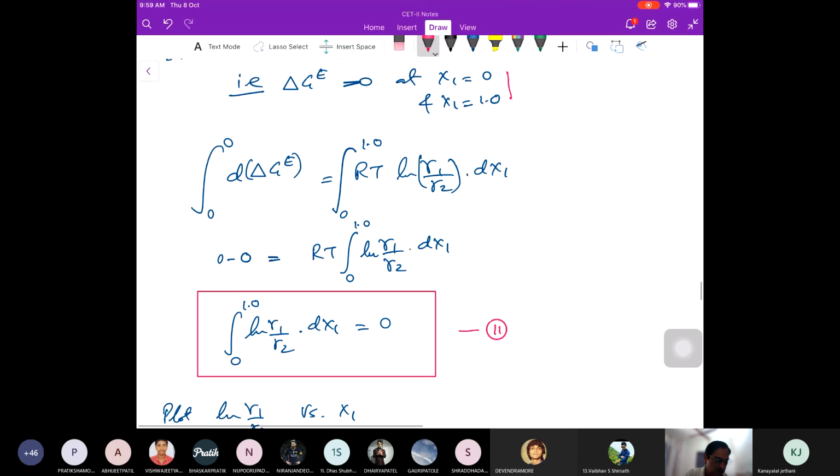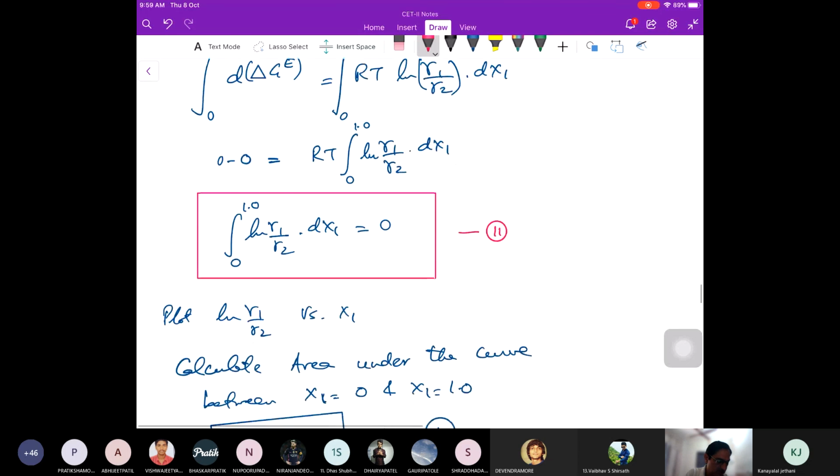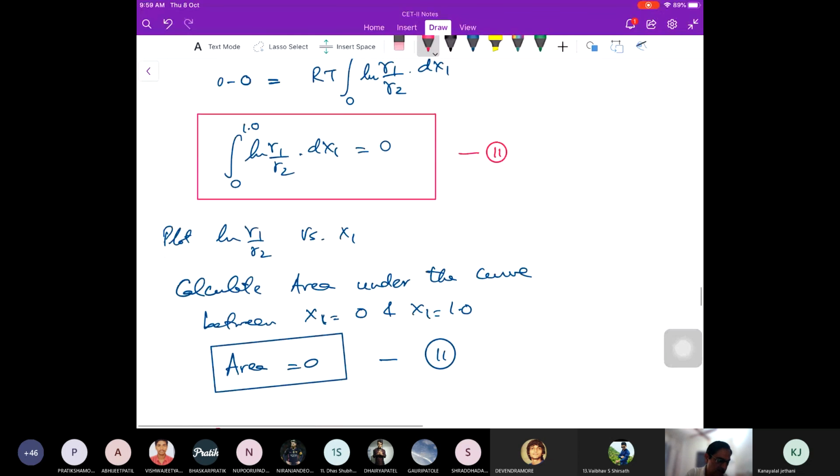That means this integral should be 0 for consistency. So what we do is plot ln gamma 1 upon gamma 2 versus x1 and calculate the area under the curve between x1 equal to 0 and x1 equal to 1. This area under the curve should be 0. Then the data is consistent.